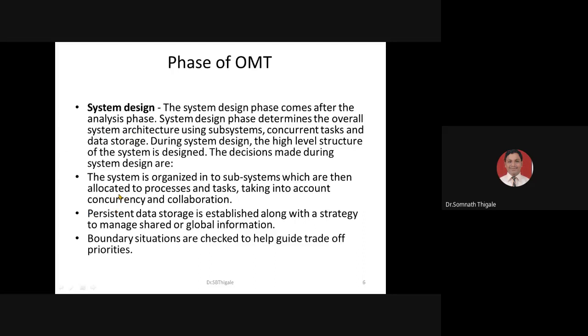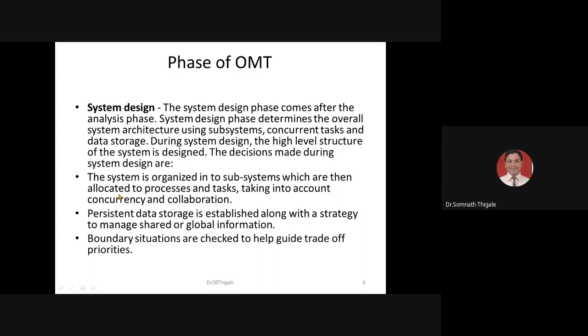We will divide some activities, if required, into parallel scenarios, and we will carry out the parallel execution of the activities. Persistent data storage is established along with the strategy to maintain shared or global information, and boundary situations are checked to help guide the trade-off priorities.